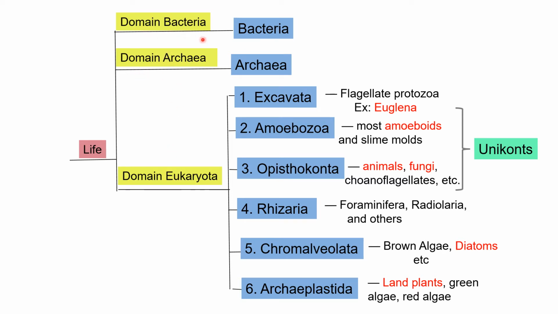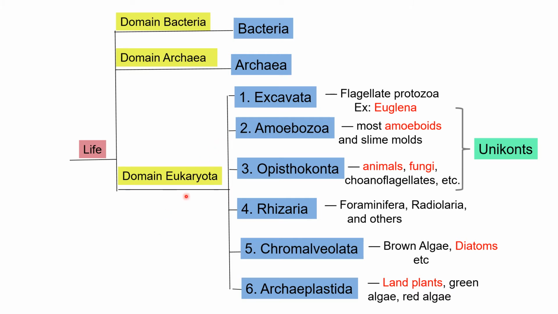Domain Bacteria has supergroup Bacteria, domain Archaea has supergroup Archaea, but eukaryotes are divided into these six supergroups. Now, I want to briefly remind you that bacteria and archaea are prokaryotes, and prokaryote means they don't have a nucleus. They do have DNA, however. Eukaryotes are organisms whose cells have a nucleus, and inside this nucleus we have most of the DNA.